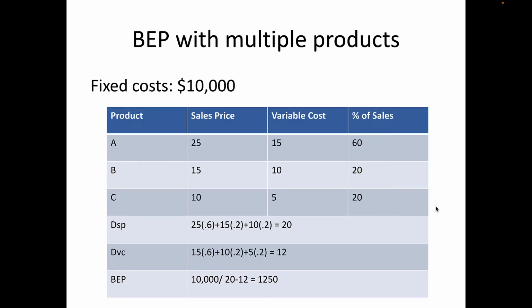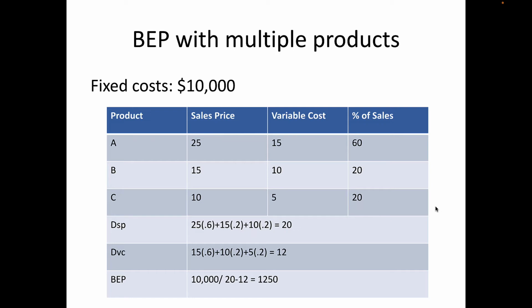When we are calculating break-even point for businesses that have multiple products, very few businesses sell just one thing. And so we have to calculate break-even point differently when we have a variety of products. What we do is list out all of our products and the percentage of sales that they add to the business.